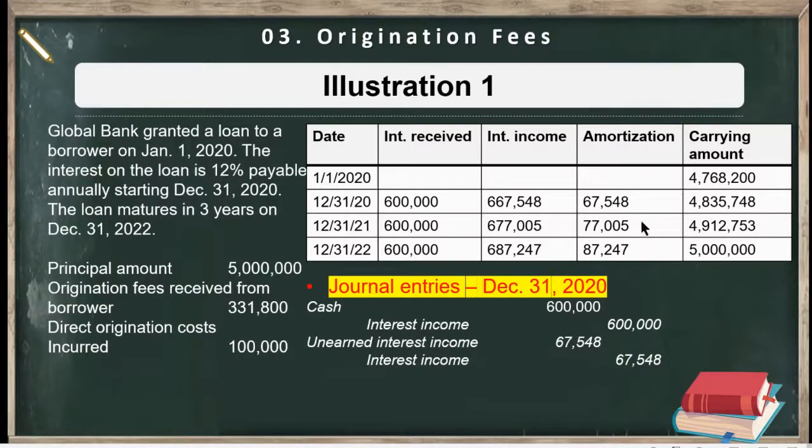Again, our goal for amortizing is to reach the principal or the face value. So therefore, 77,005 would be added to 4,835,748.